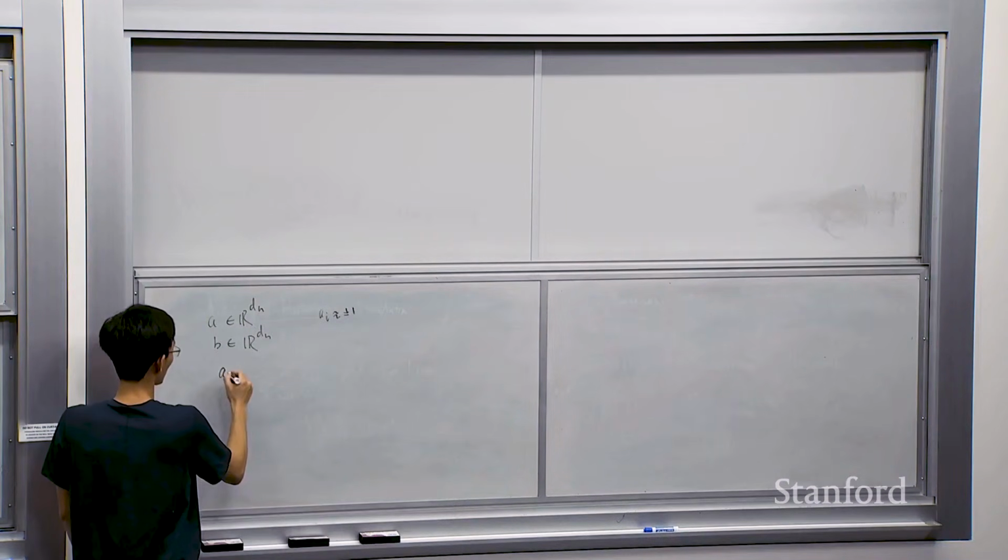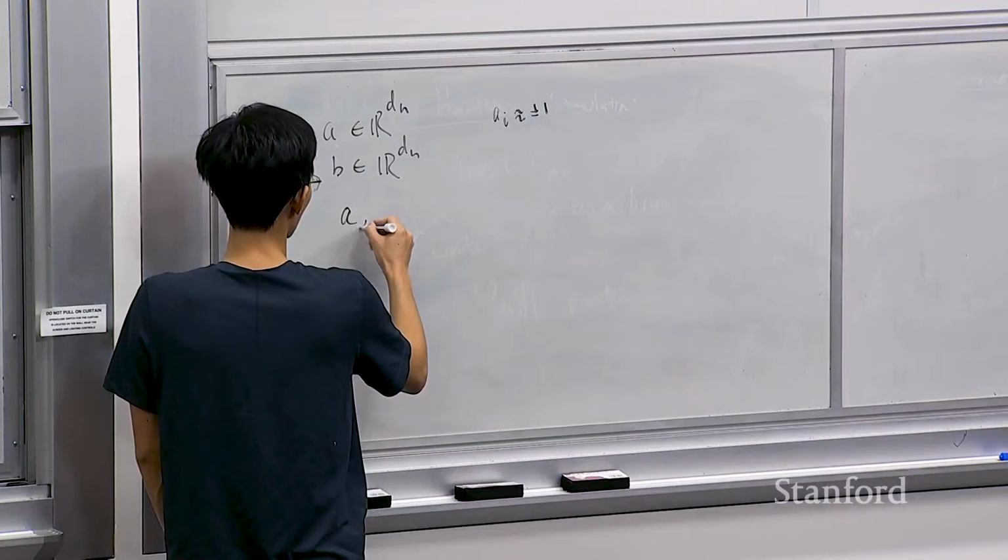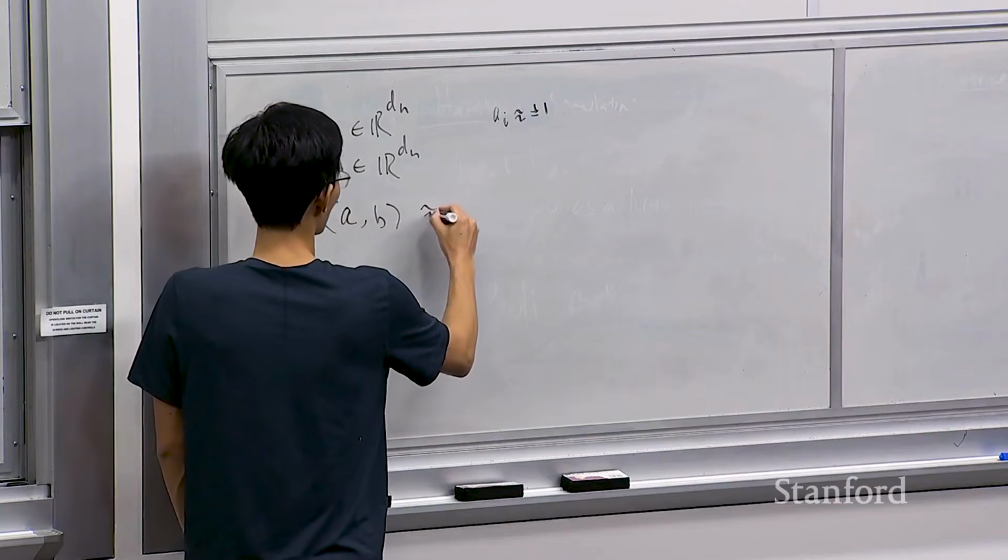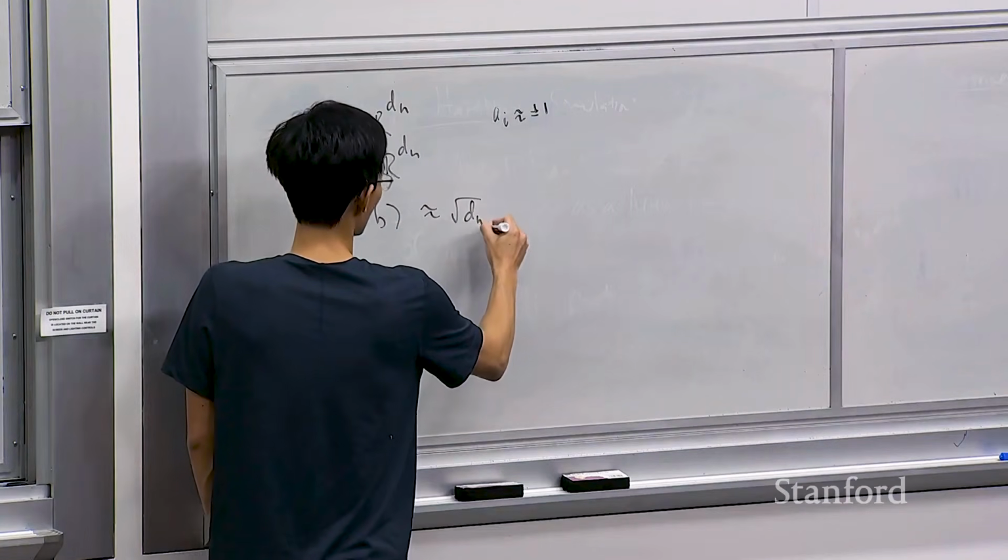Then the inner product between A and B is on the order of square root DH.